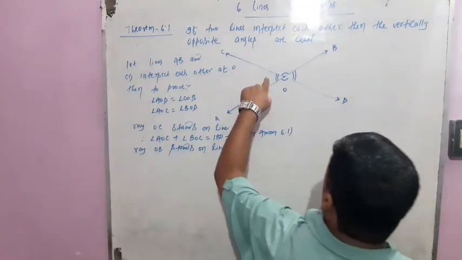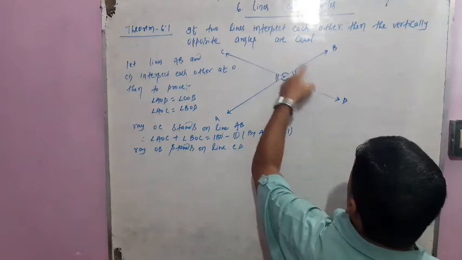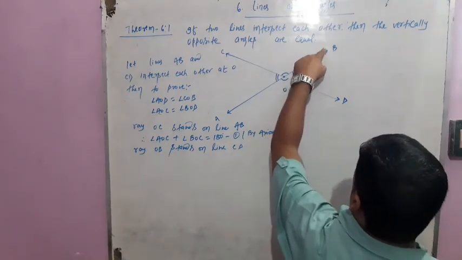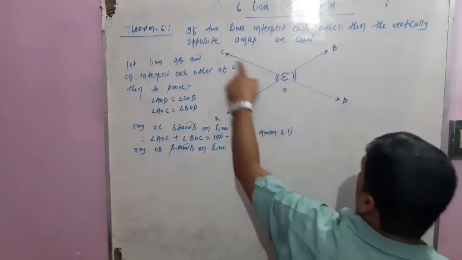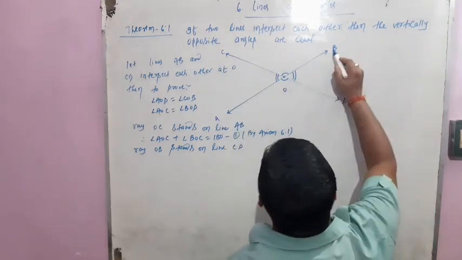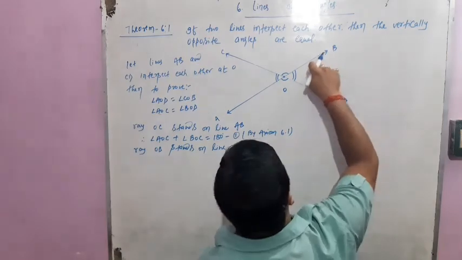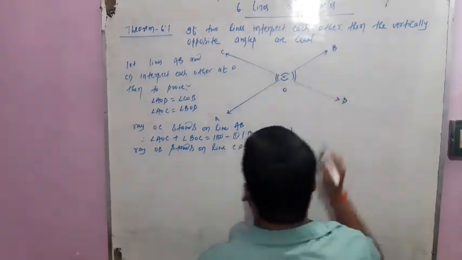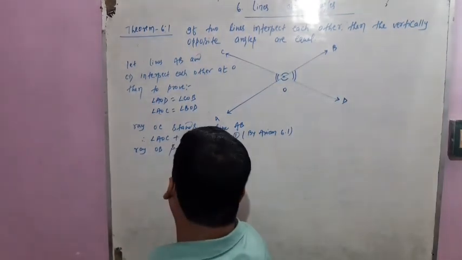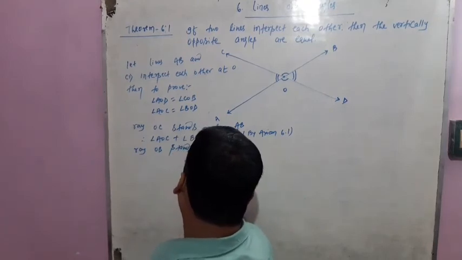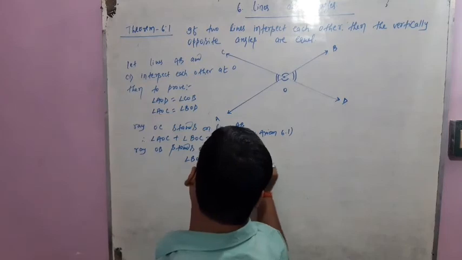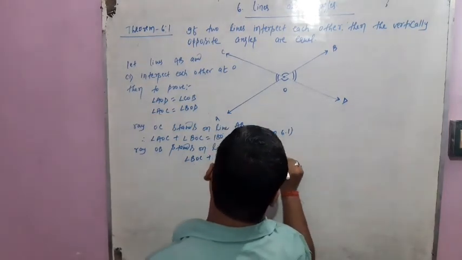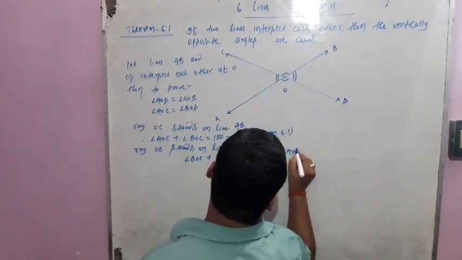Now you have to look at the opposite side of OB, which angles are forming. One angle is BOC and one angle is BOD. On line CD, with the help of ray OB, which two adjacent angles are forming? BOC and BOD. So we write here: angle BOC plus angle BOD is equal to 180 degrees. Let this be equation second, by the same rule, by axiom 6.1.